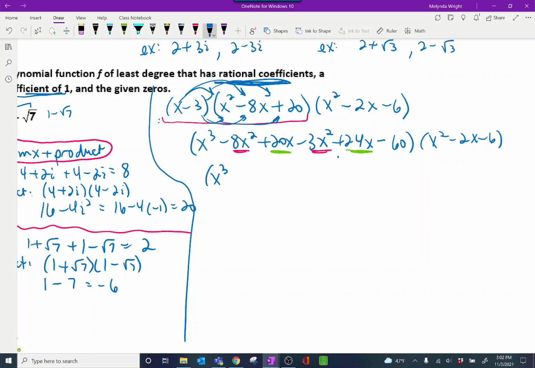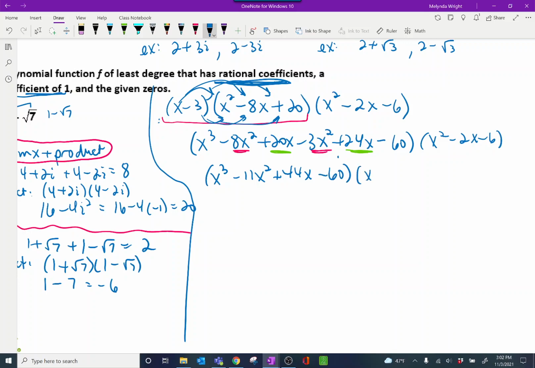Negative 8x squared minus 3x squared is what? Negative 11x squared. Then I've got 20x plus 24x, that's a 44x. And then we've got our minus 60.